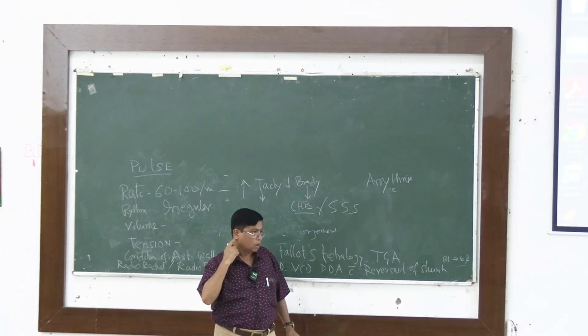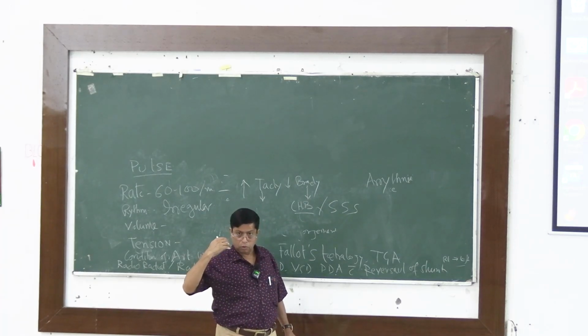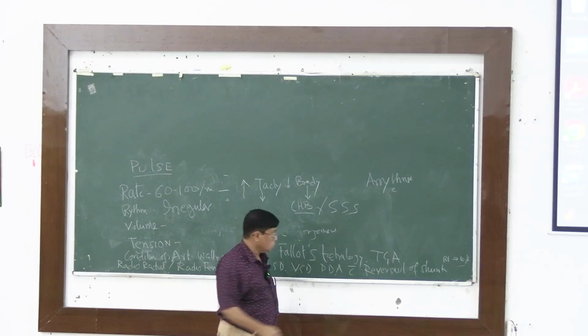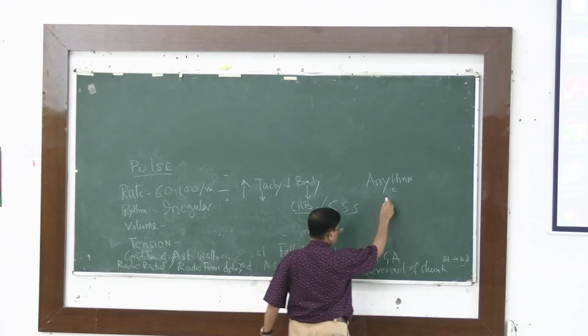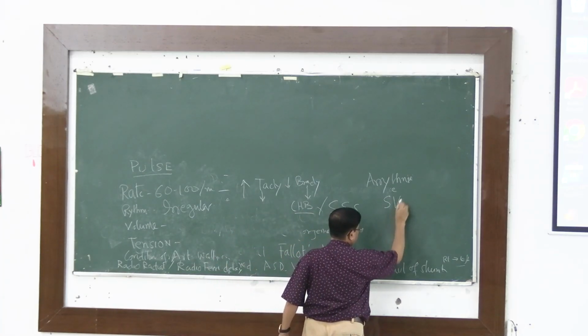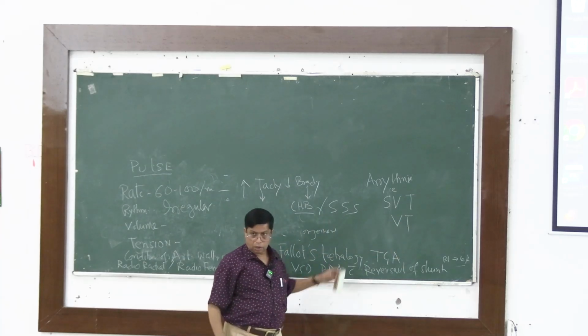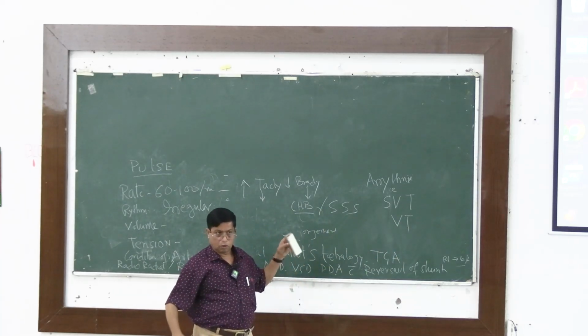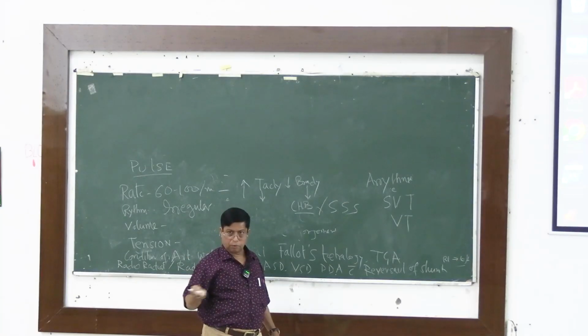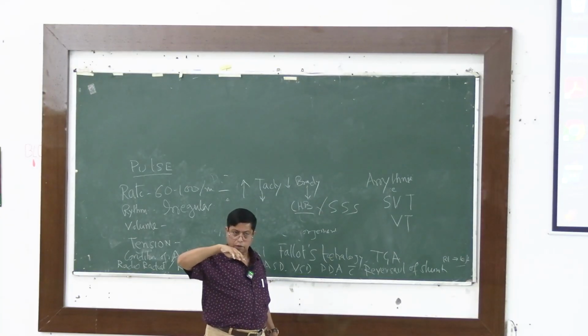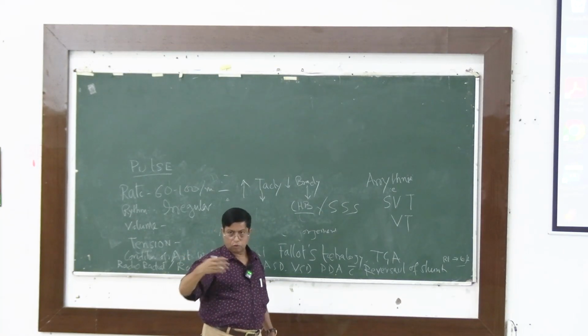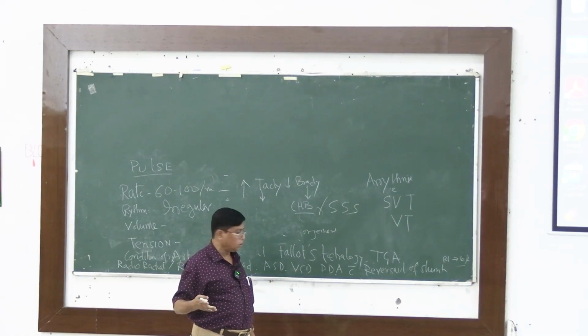Or it may be regular, but the rate is more than 160. So it is called maybe supraventricular tachycardia or ventricular tachycardia. I am telling about tachyarrhythmias. The origin may be above the AV node, that is supraventricular, and if below the AV node, it is called ventricular tachycardia.